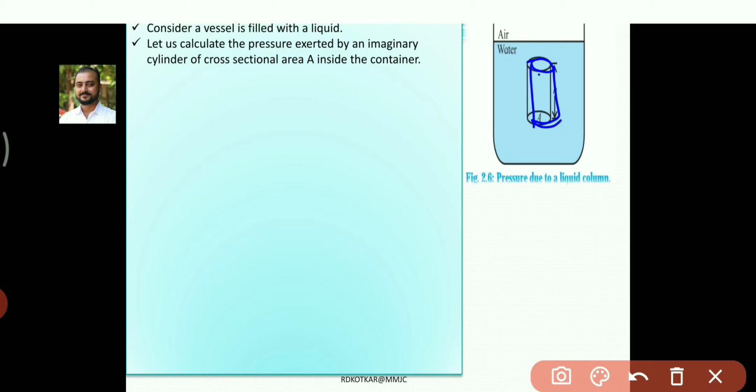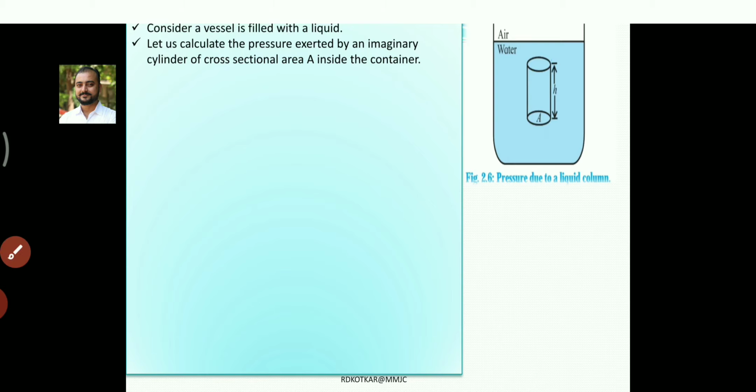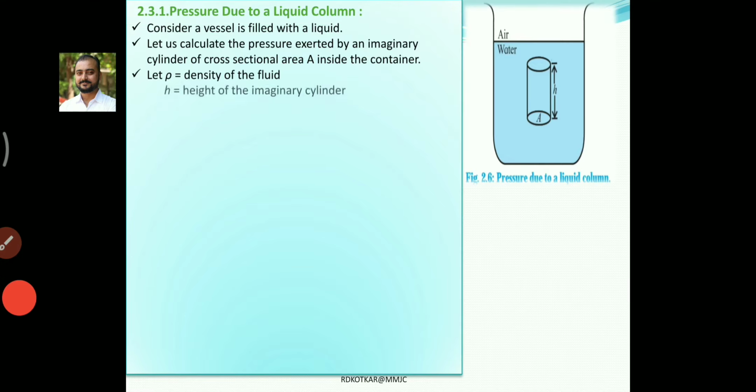We consider this cylinder inside the liquid container, so it has a cross-sectional area A and height h. Let rho be the density of the liquid or fluid, and h be the height of the imaginary cylinder that you observe in the diagram.